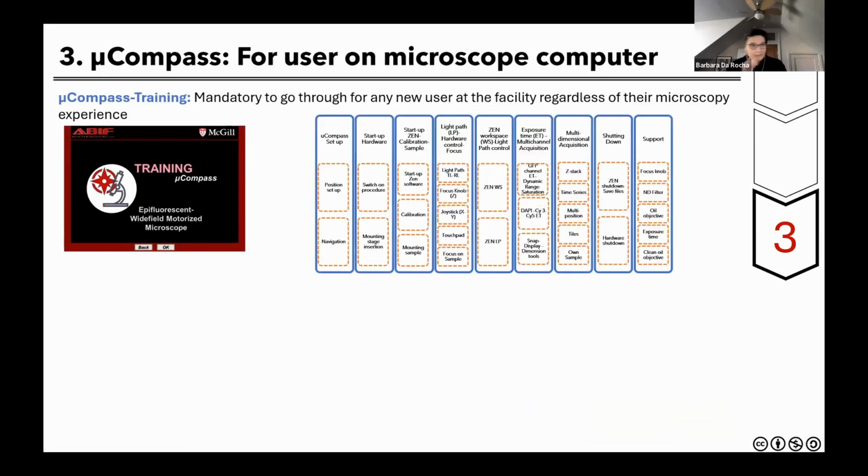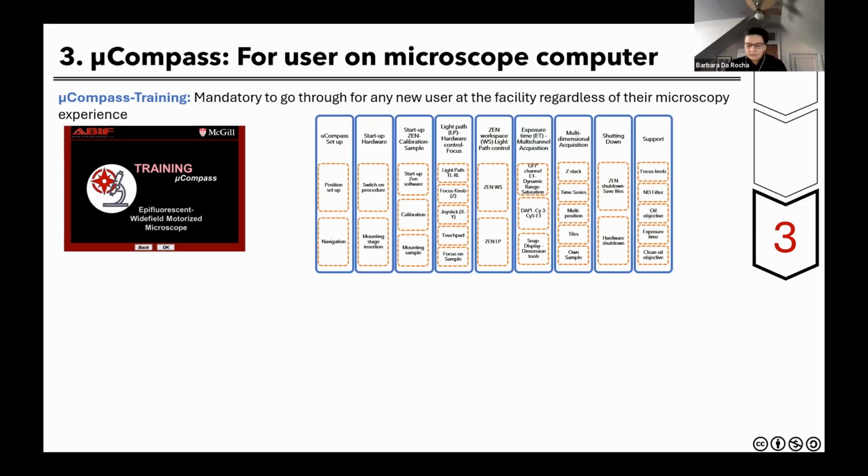Within the computer of the microscope, the users will have two kinds of MicroCompass files. They will have the MicroCompass training, which is basically mandatory for every new user in the facility, regardless of their microscopy experience.